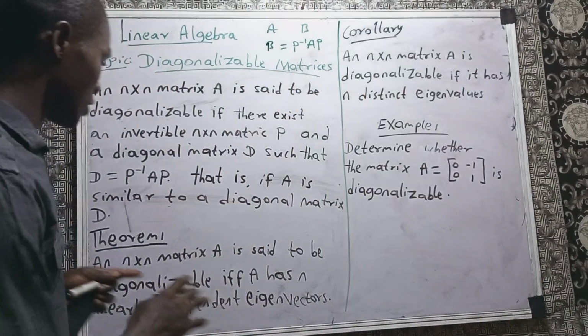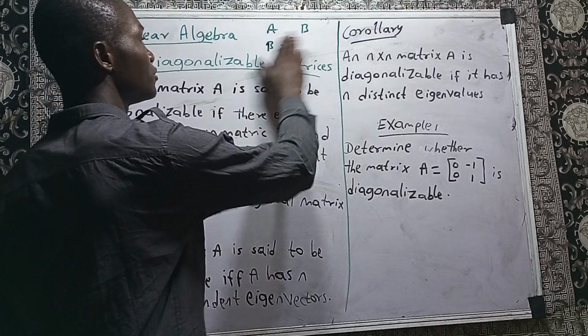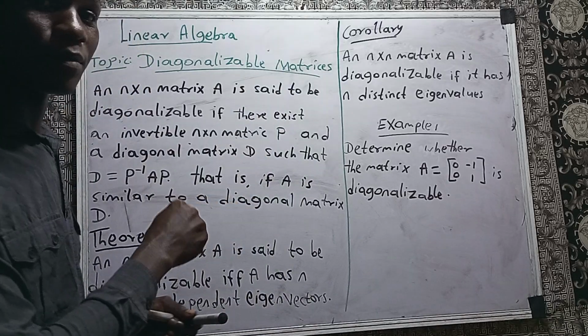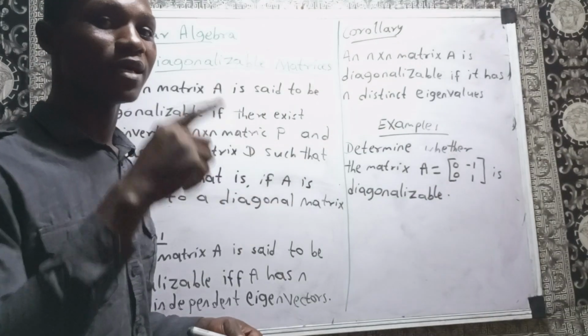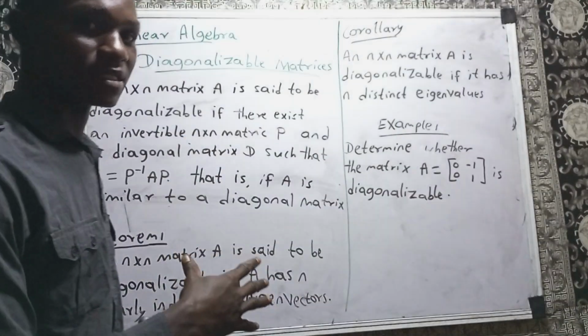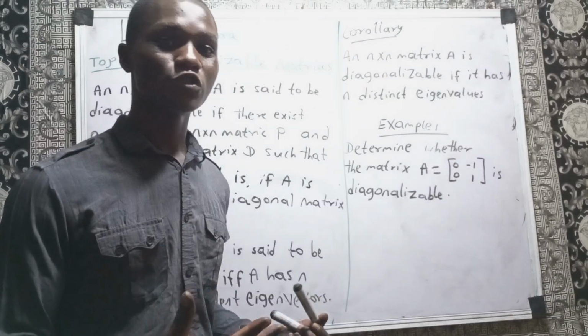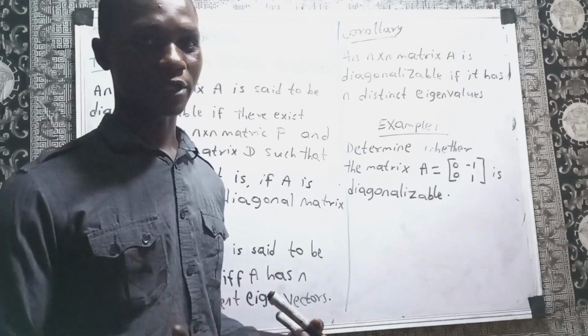So this is just similar to what we have said here. So the matrix A must be similar to a diagonal matrix D before we say that it is diagonalizable.